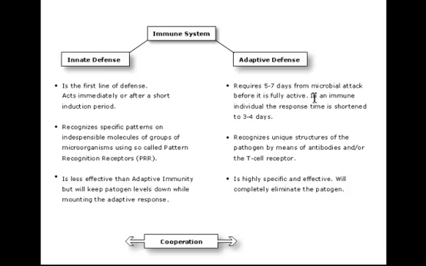So if a person is already immune to an attack, this response time is going to be shortened to 3 to 4 days. So what the adaptive immune system is going to do, it's going to recognize unique structural features of the pathogen. So it actually is becoming very pathogen specific at this point, so that it can mount an immune response to a specific pathogen.